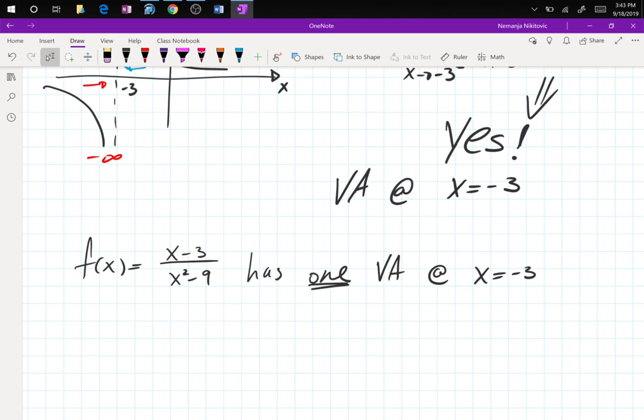It's going to be an open circle without any points along 3, so the function doesn't have a value there. And what I'm doing now is I am going to graph this function in Desmos, and you are going to see what this function looks like, and also see that it has only one vertical asymptote, and you will also see that at 3 the y value will be at 1/6. So let's go and deal with that.